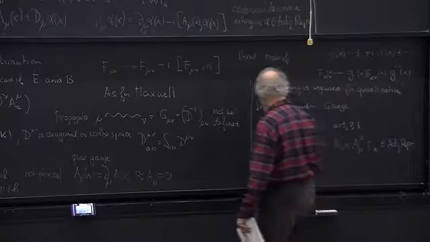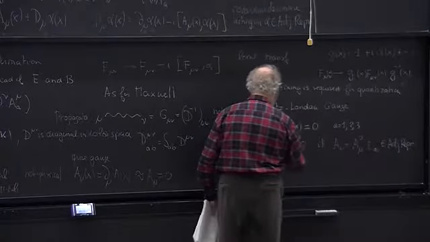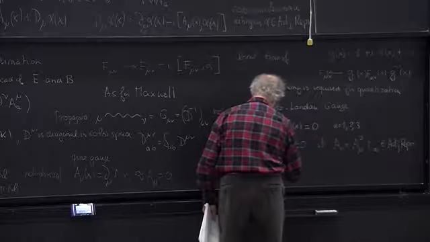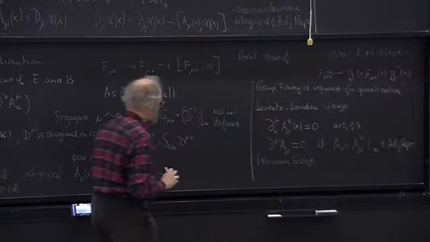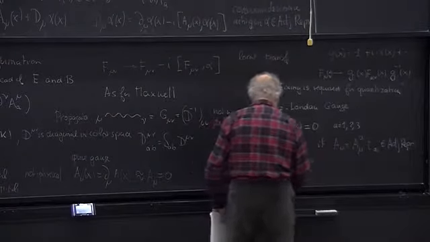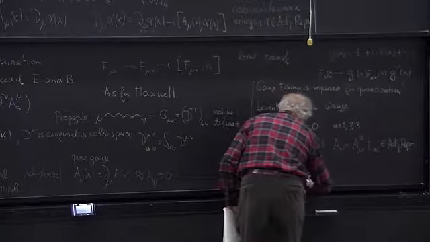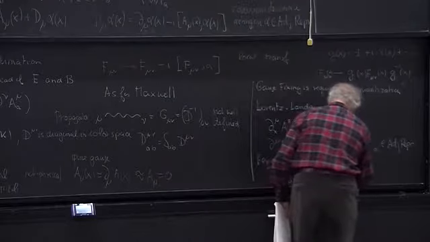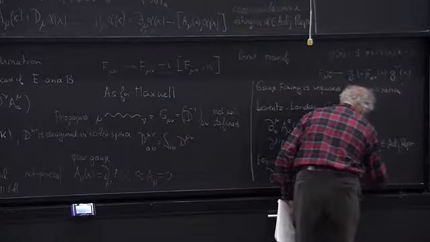Okay. And then I'm going to use later a variant of this gauge, which is called the Feynman gauge, which is just a variant of this, where instead of enforcing that this is 0, you enforce that d mu of A mu is some fixed function. So epsilon of x is a fixed function.